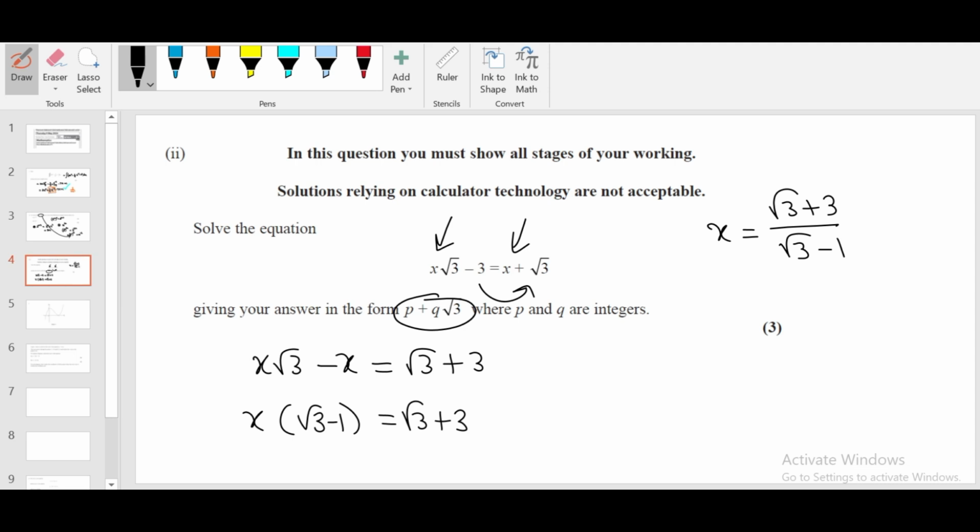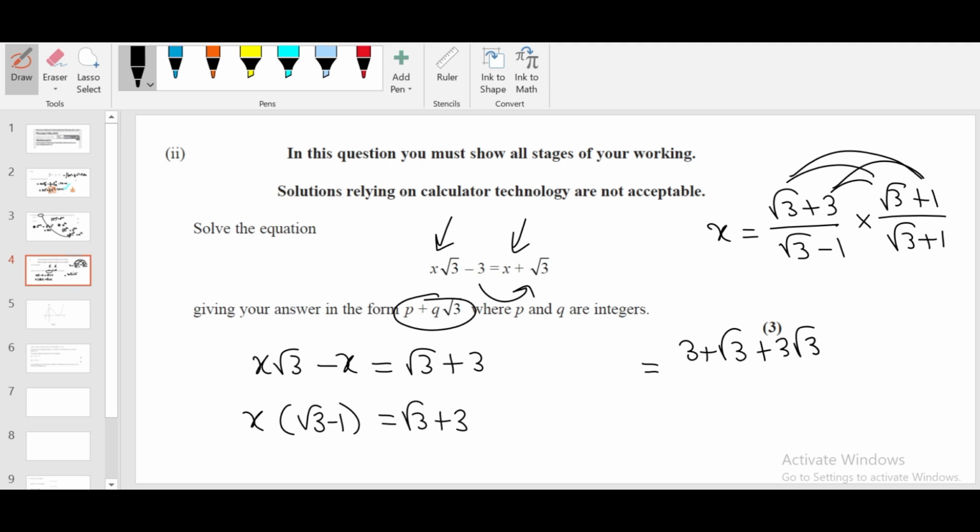And then rationalize the denominator. Multiply and divide by root 3 plus 1. On top, take root 3 and multiply both, you'll get 3 plus root 3. Take 3 and multiply both, you'll get 3 root 3 plus 3. You can do the same thing for the denominator, or you can apply the algebraic identity: a plus b times a minus b is a squared minus b squared.